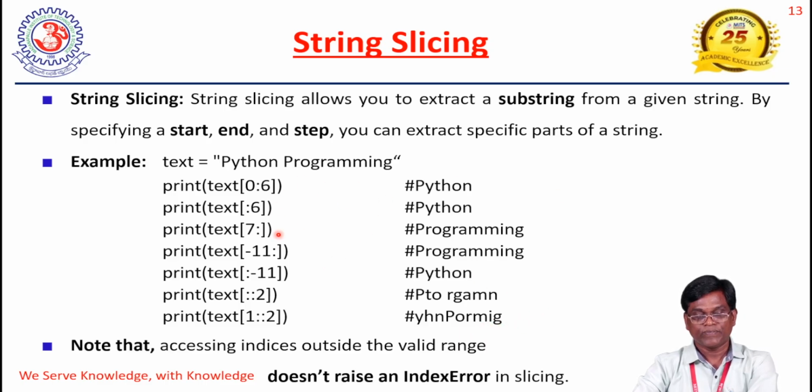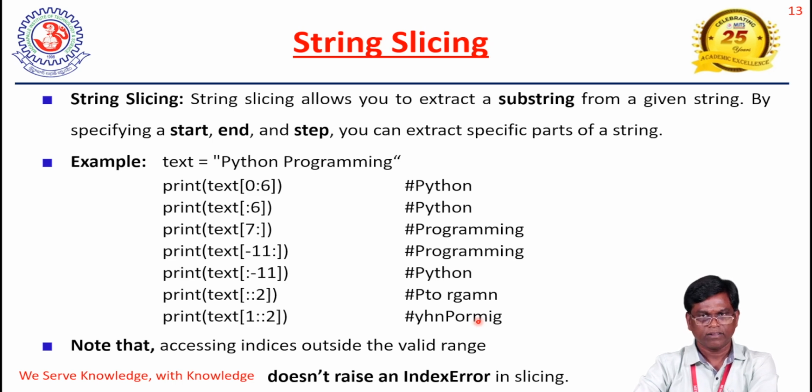So these are different possibilities of displaying a substring from the given main string. This operation we are going to call string slicing. Here, if you try to access outside that particular range, it will not raise any index error, as we discussed when compared with the indexing operation.